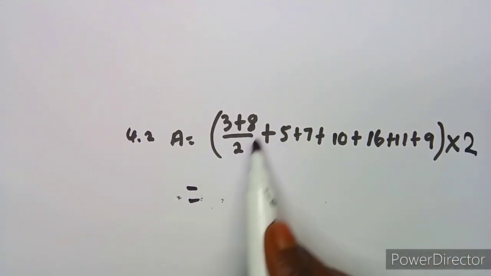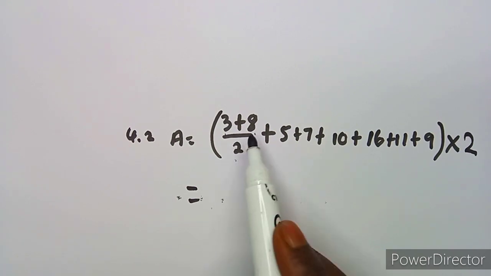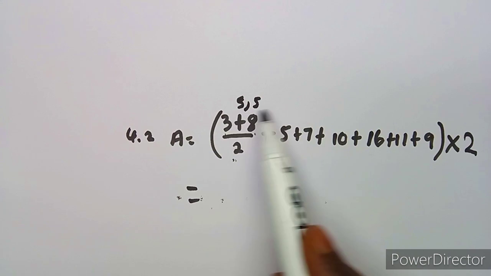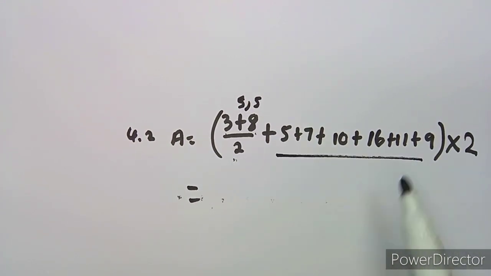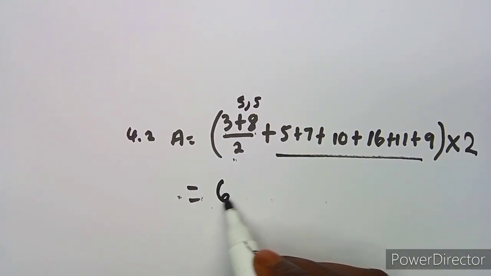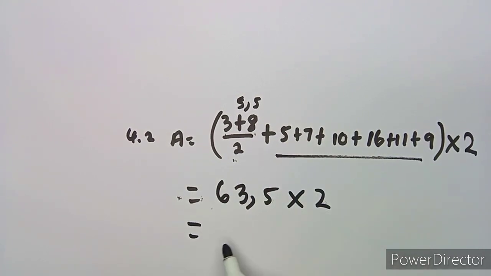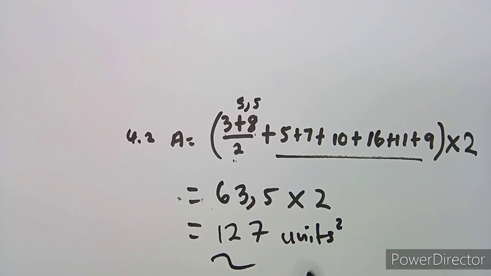If you add 3 plus 8 over 2, which is 11 over 2, which is 5,5, you're going to add 5,5 to this number here, which is going to give you 63,5 times 2, and this is going to give us 127 square units. All right, so this is actually our area in square units.